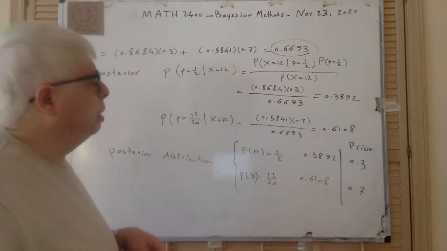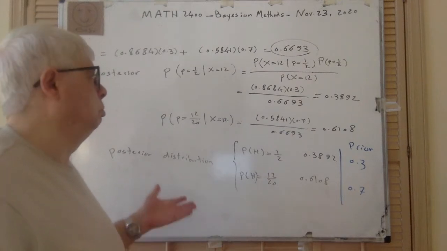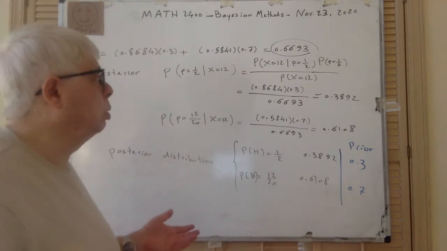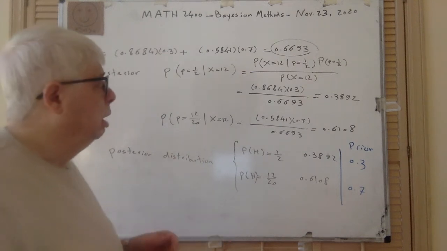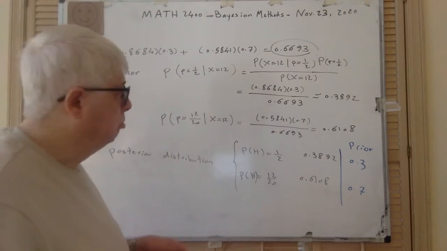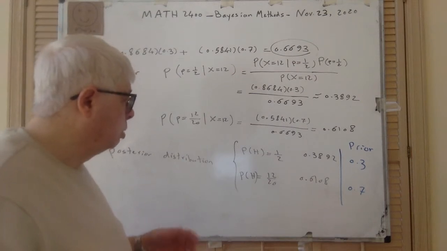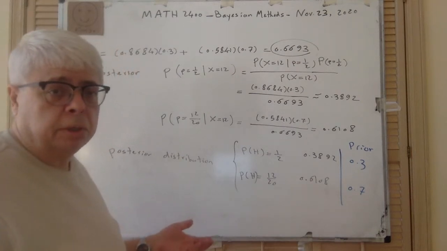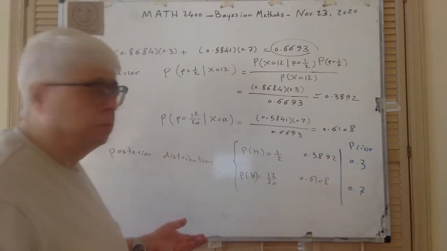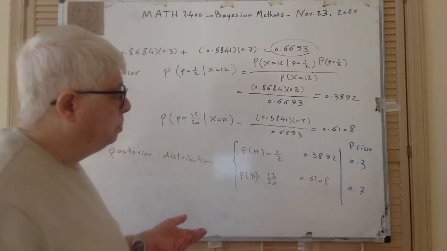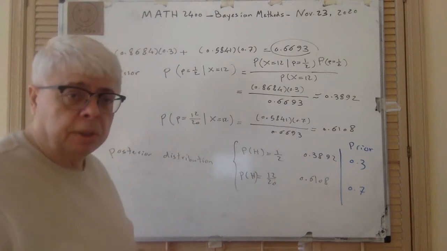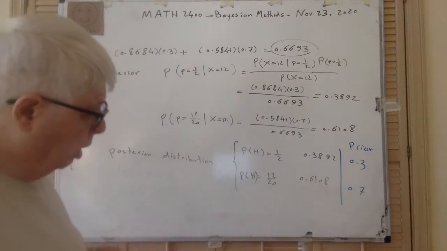Based on what I see here, you can continue tossing the coin like 100 times, say, and see what happens. You can do that at home, just toss a coin like 20 times and see how many times you get heads. And then you can do this calculation here.